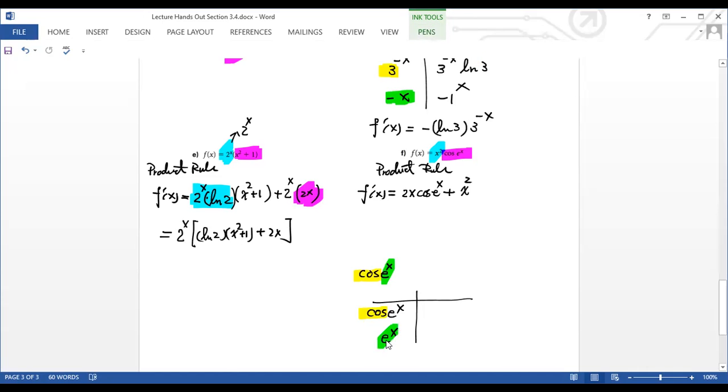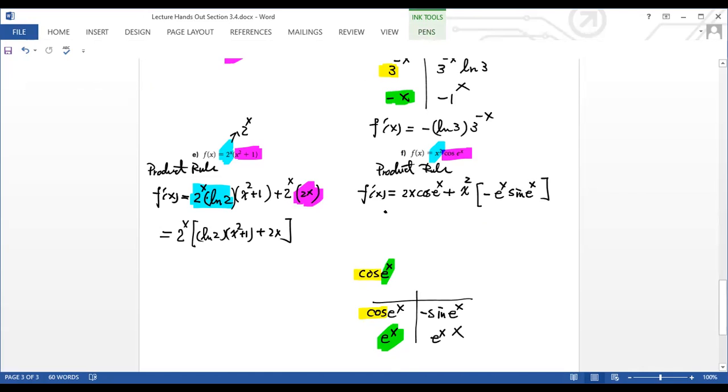So if you're color coding that, it would probably help you to take the derivative. So what is the derivative of cosine? Negative sine, then the e to the x, right? So what is the derivative of e to the x? Will just be itself, then you multiply. So now in here you have negative e to the x sine e to the x.